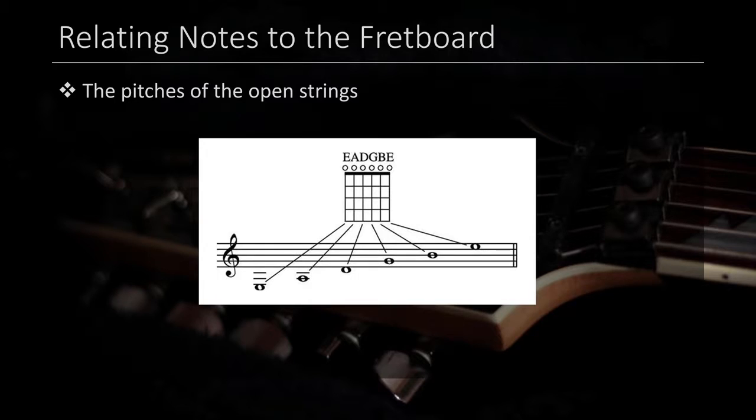So this graphic I found quite useful because it shows the pitches or the notes in relation to the open strings on the fretboard. So at the top there you've got your fretboard with your E, A, D, G, B, E. So Eddie Ate Dynamite, Goodbye Eddie, I think is the term that everybody knows. And you've got the O's, which shows that they're open.